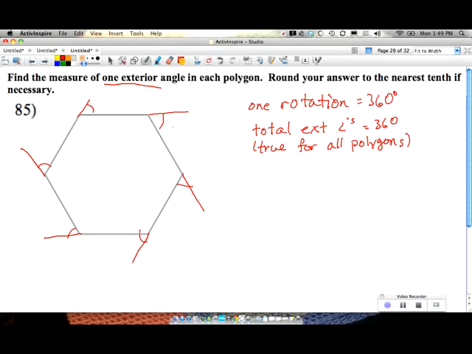So I got 6 angles. So I'm going to start with my total divided by the number of angles. That's going to give me 360 divided by 6. That means that each one is 60. Awesome. So that means that this is 60 degrees, this is 60 degrees, and so on and so on. So each one is 60 degrees.